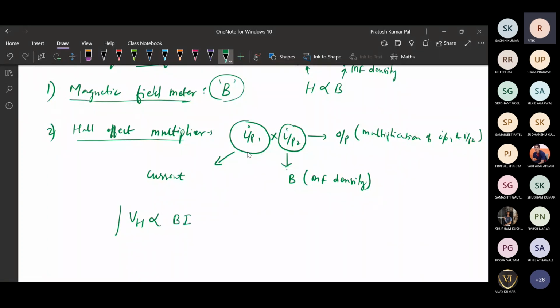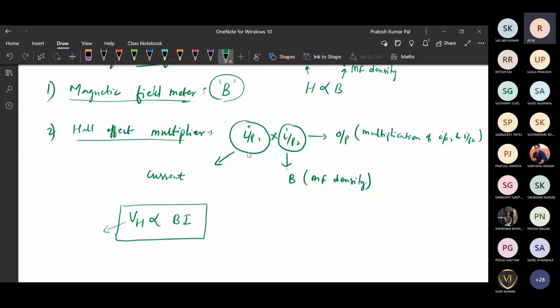So we can implement a multiplier of two input signals B and I, such that the product of the two input signals will be directly proportional to the Hall voltage. Once we know the Hall voltage, we will say we have obtained the multiplication. So these are the two different applications where we can use this Hall effect concept.